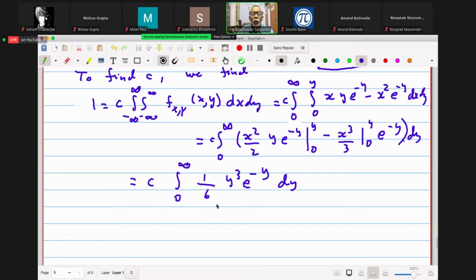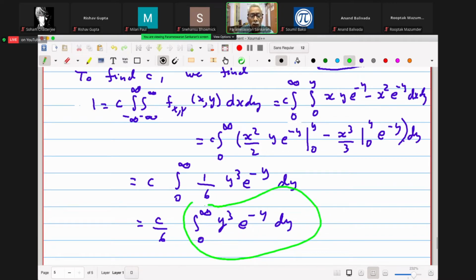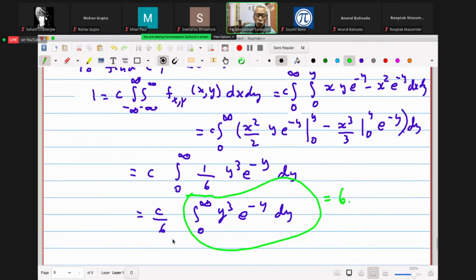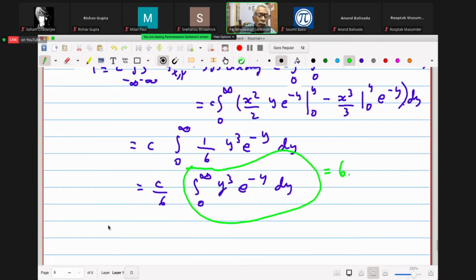It turns out that this quantity, the integral of y cubed e^(−y) dy, is actually equal to 6. That's what I calculated. Therefore, c equals 1. I don't think I made a mistake.